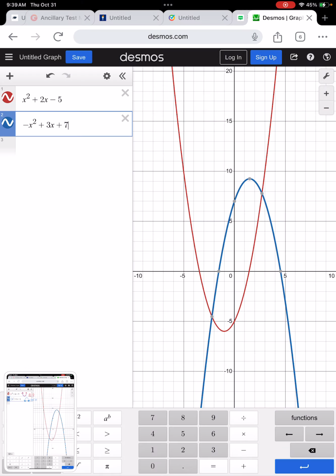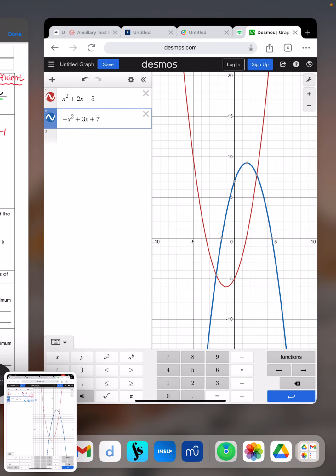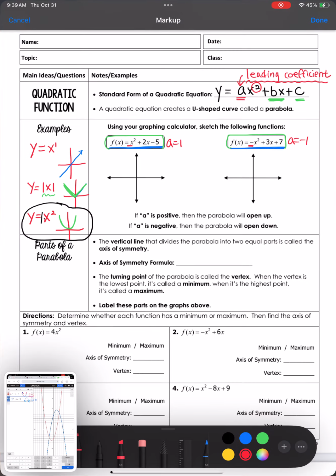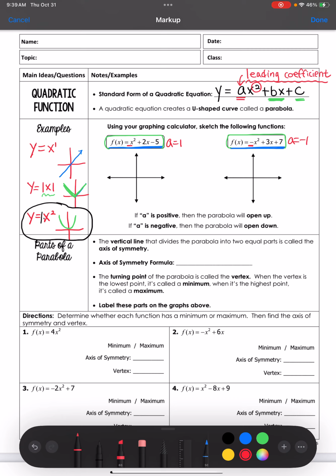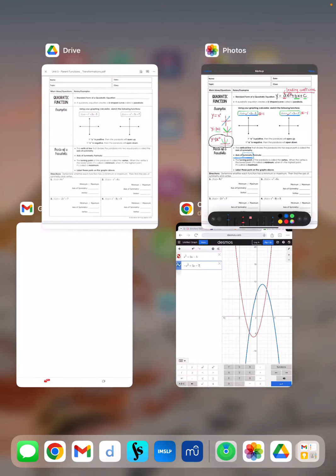And then I'd like to go back to our original paper. Here, one more thing that I'm gonna talk about is we need to take a note here: axis of symmetry. So we all know what symmetry means, right? So when you have a graph, for example, let's go back to the Desmos calculator.